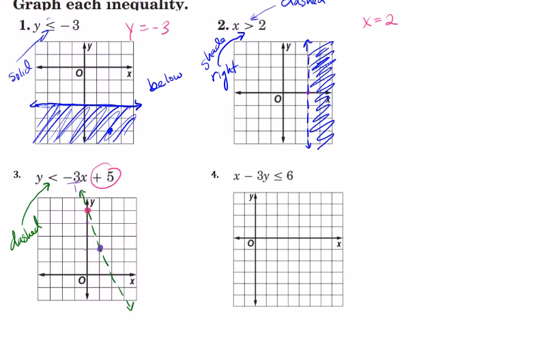Okay, and then the last thing is the shading, right? So since it's less than, it's going to be shaded below. The way I always think of it is I start from the line and I just go straight down, right? That's all that shading right there.